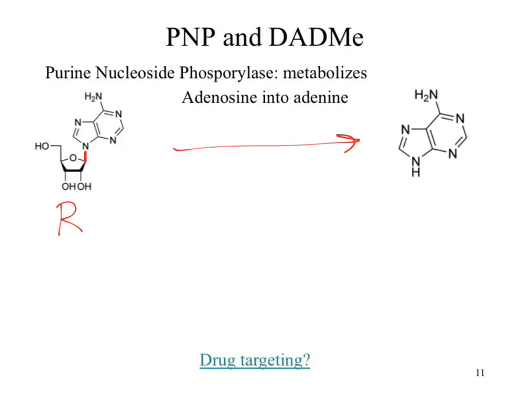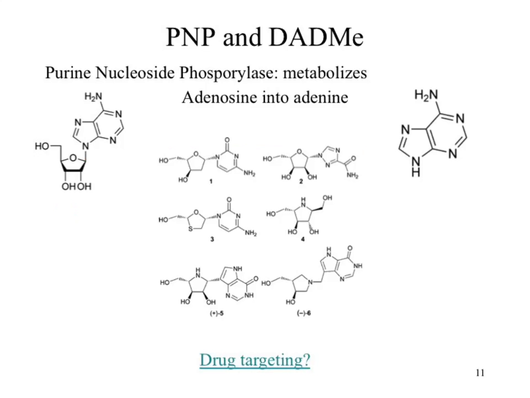Here's a bunch of potential drugs that were created with the intent of targeting this enzyme and shutting it down. You'll notice that you're seeing a lot of different structures here. Only a few of them have structures that even mimic that adenine structure.